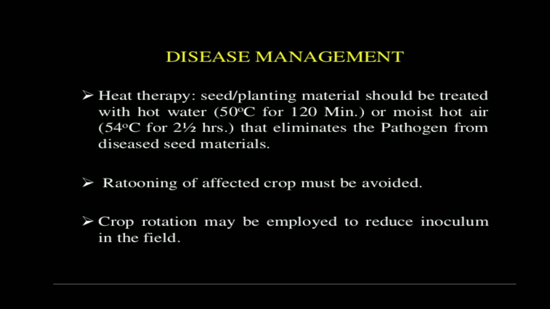In the next year go with wheat, and in the following year you can cultivate sugarcane again. If there is a gap, then the mycoplasma present in the soil as well as in the field, when it doesn't get a host, is going to die. So in this way you have to rotate the crop. It's a very good disease management practice to control such mycoplasma infection.